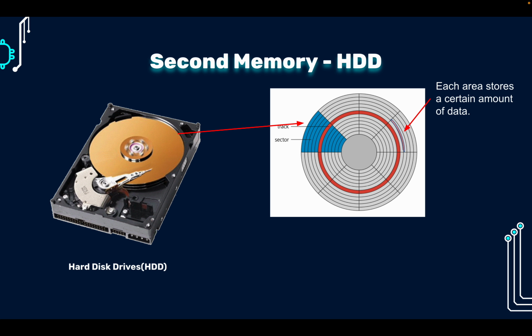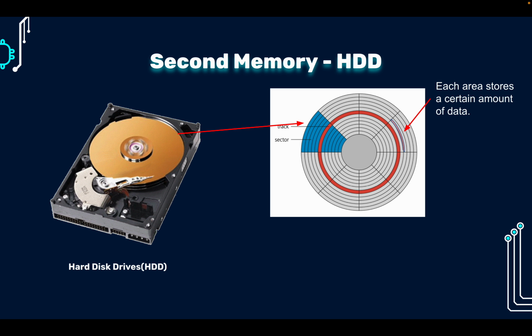First, we're going to talk about the HDD, hard disk drive. Hard disk drives are one of the most common methods of data storage in computers, and in an HDD, tracks and sectors are two important concepts used to organize the storage. We can see them in the picture.